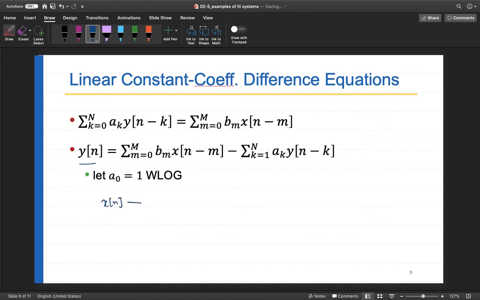X of n is the input, and I'm multiplying this with a constant, which is b of 0 in this case, and then it goes to the sum. Okay, and what else do I need? When m is equal to 0, that is done. When m is equal to 1, let us look at that part. So I have to add a delay here.